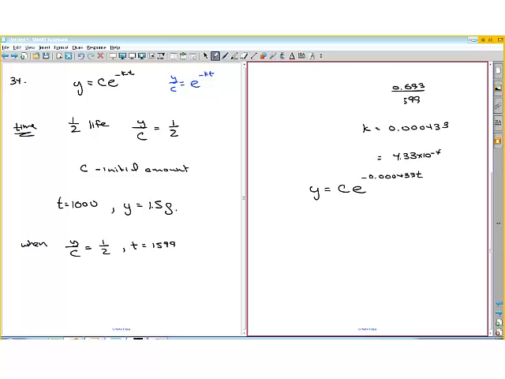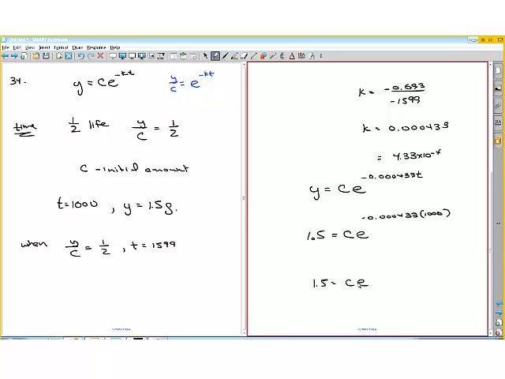Now I need to find c. I know that at t equals 1,000, y equals 1.5. So 1.5 is equal to c times e to the minus 0.000433 times t, which is 1,000.